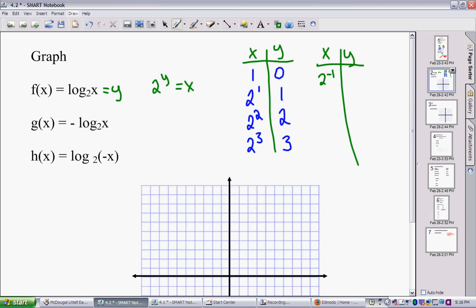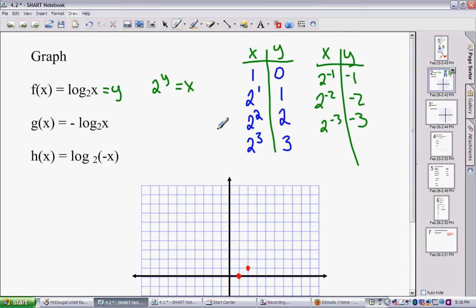2 to the negative first will make y negative 1. 2 to the negative second will make y negative 2. And 2 to the negative third will make y negative 3. So when going to graph these, some of the points are easier than others. We have 1, 0. We have 2, 1. Then you got 2 squared, 2.